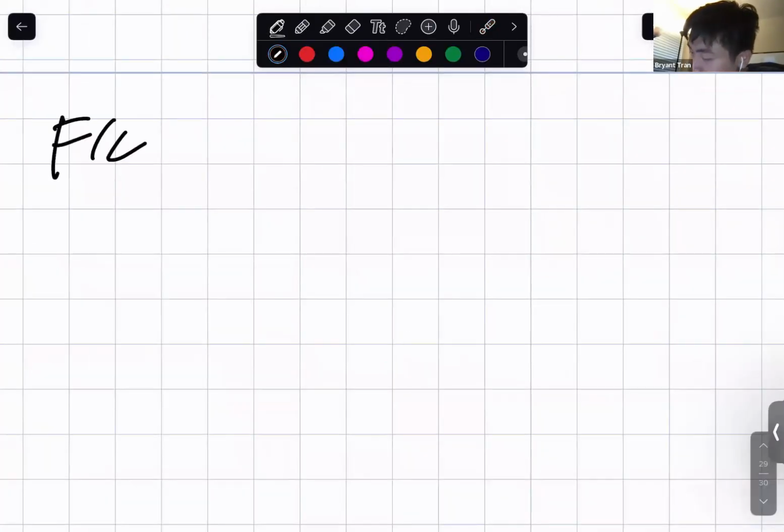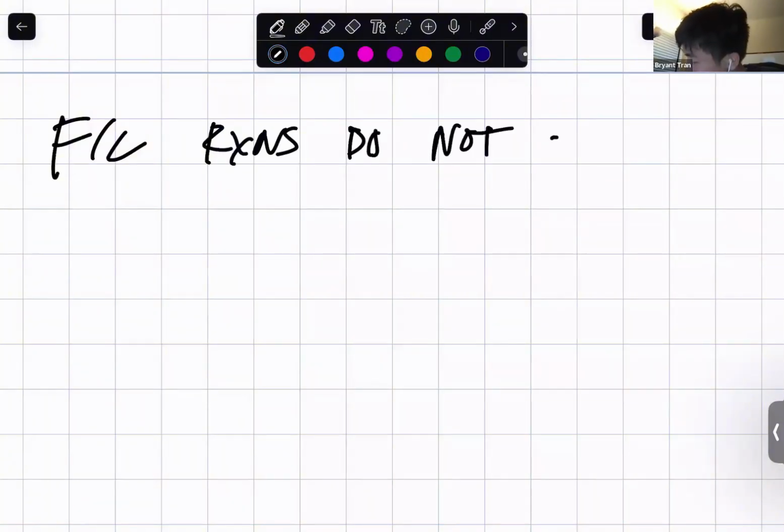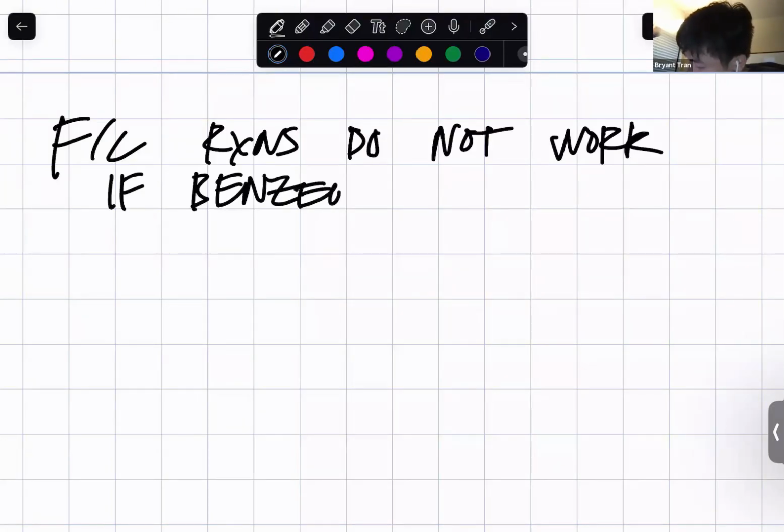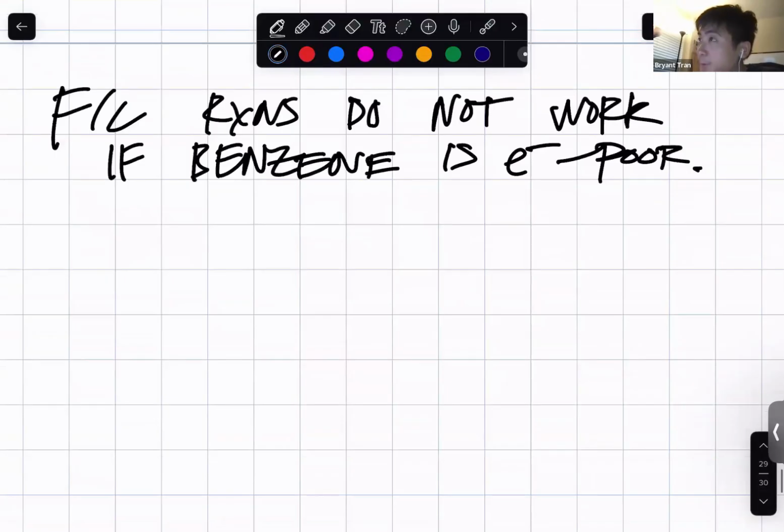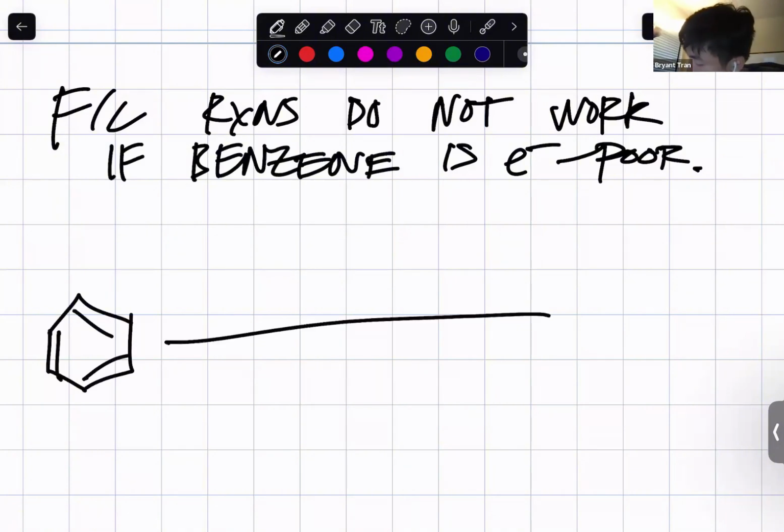Okay. And we said earlier, Friedel-Crafts reactions do not work if the benzene is electron poor. Okay. So let's say for synthesis, we have this benzene and we want to create this product here.